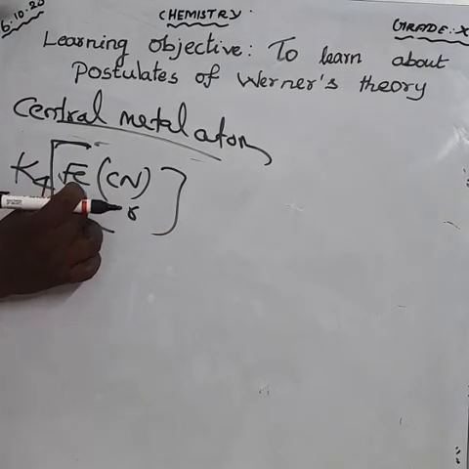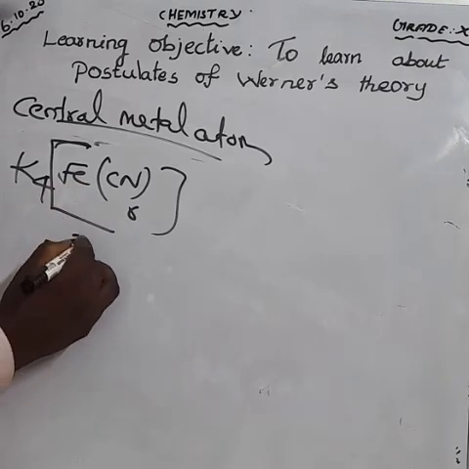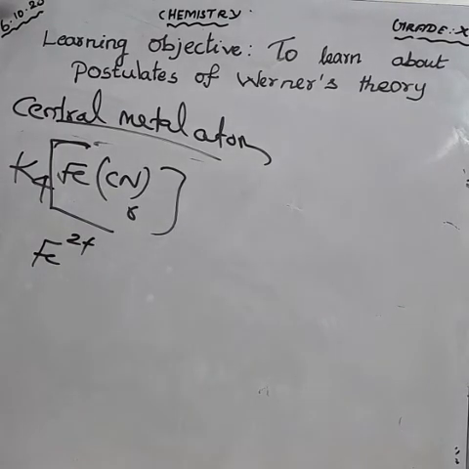Fe is the central metal atom, and the central metal ion is written as Fe2+. Don't write just Fe. Which one is the coordination entity? This is the coordination entity. How we get 2+, I will tell you about the charge calculation later. First try to understand which one is the central metal atom or central metal ion. The central metal ion is Fe2+.